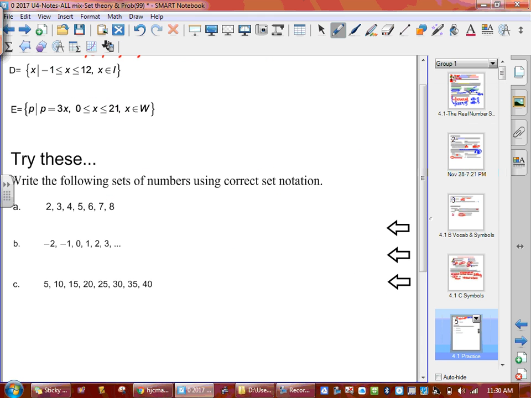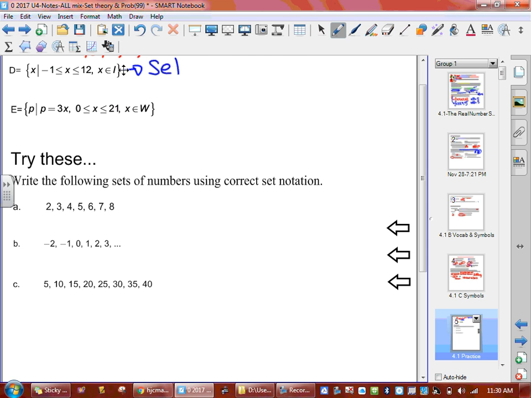Set D is talking about numbers between -1 and 12. And why do they tell us X is an element of I? Because we have a negative number in there, right? So they have to tell us we're dealing with integers because we show a negative number. How would we describe this?